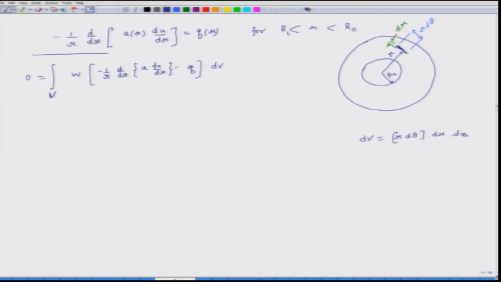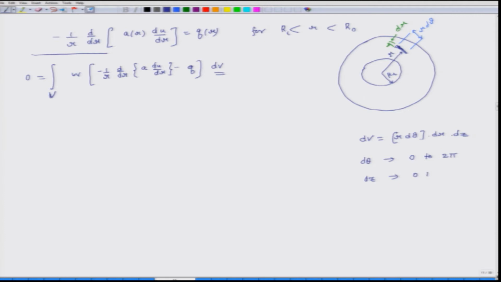This is a volume integral, and the limits will be: when I am integrating on theta, it will be from 0 to 2 pi. When I am integrating on z, I assume that the length of this pipe or cylindrical cross section is 1, just for simplicity.